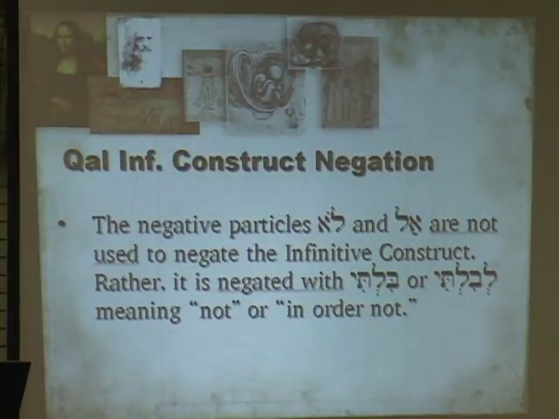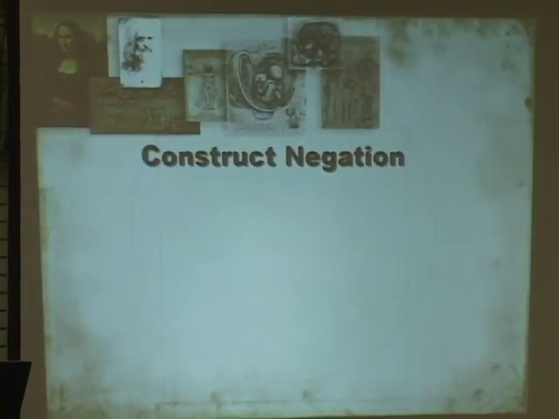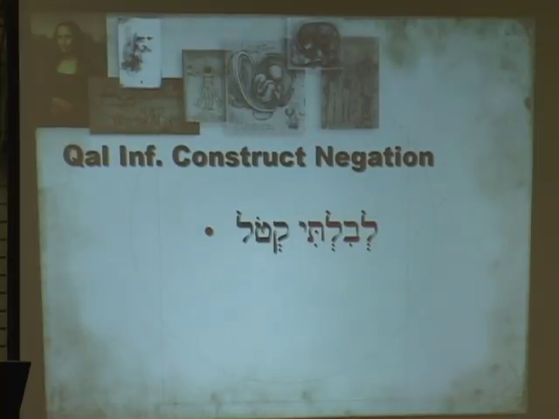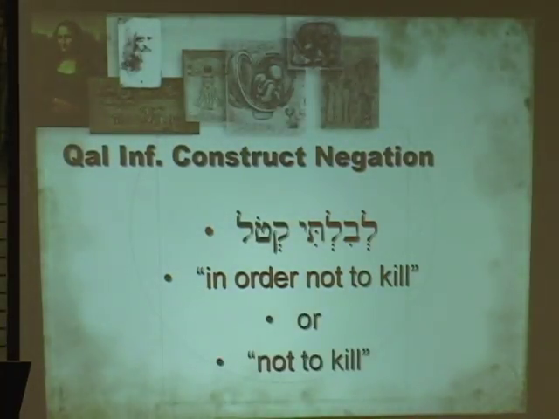So it's either not or in order not to, something like that. Okay? So if we have a phrase, lebiltiy ketol, the translation will be in order not to kill. Okay? Or it could be not to kill. Just simple.